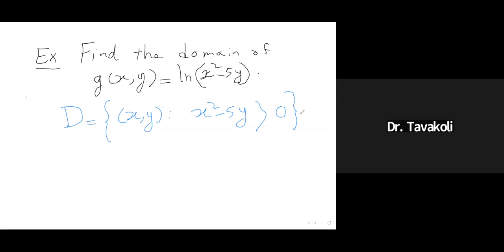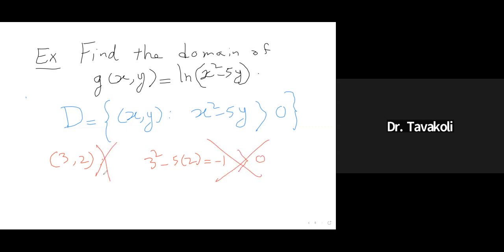For example, the point 3, 2. Is it in the domain or not? 3 squared minus 5 times 2 is obviously negative 1. So it's not more than 0.